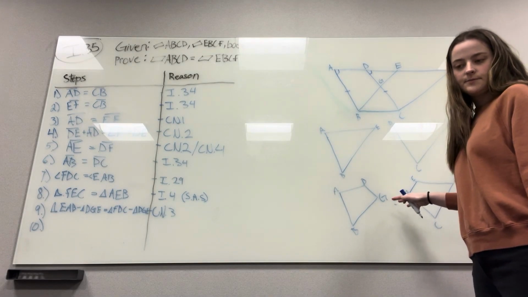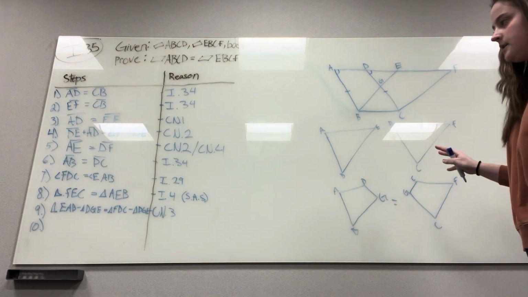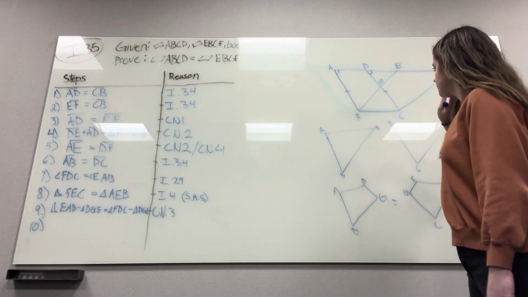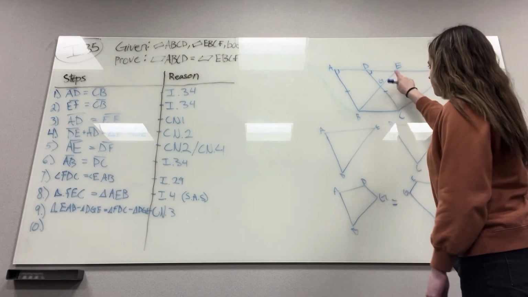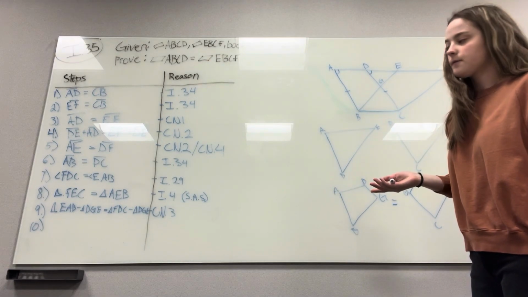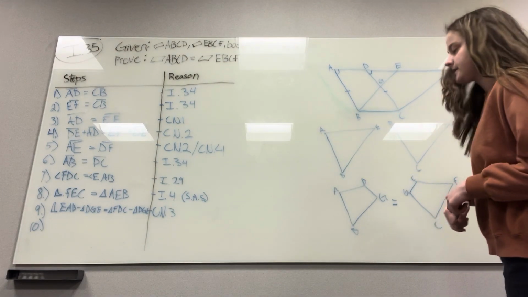And this is because we subtracted DGE, this little triangle, and so these two are equal to each other. They're just our shapes subtracted from step 9 that we just did.